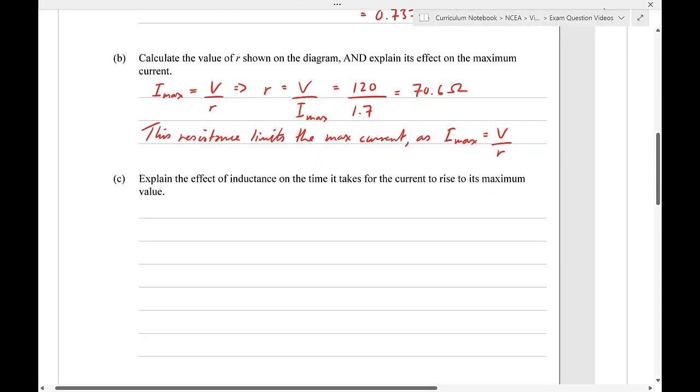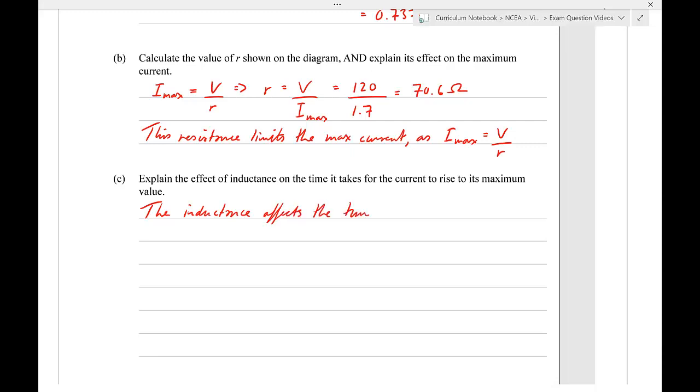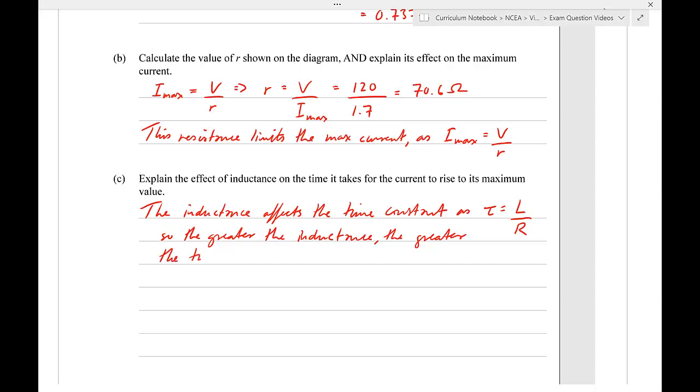Okay, so we can say the inductance affects the time constant, as tau is equal to L over R. So the greater the inductance, the greater the time taken for current to increase to 63% of max.